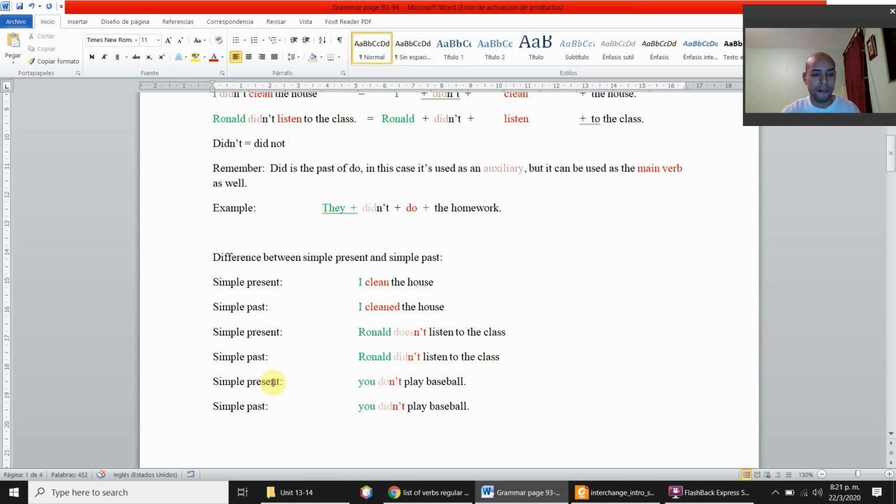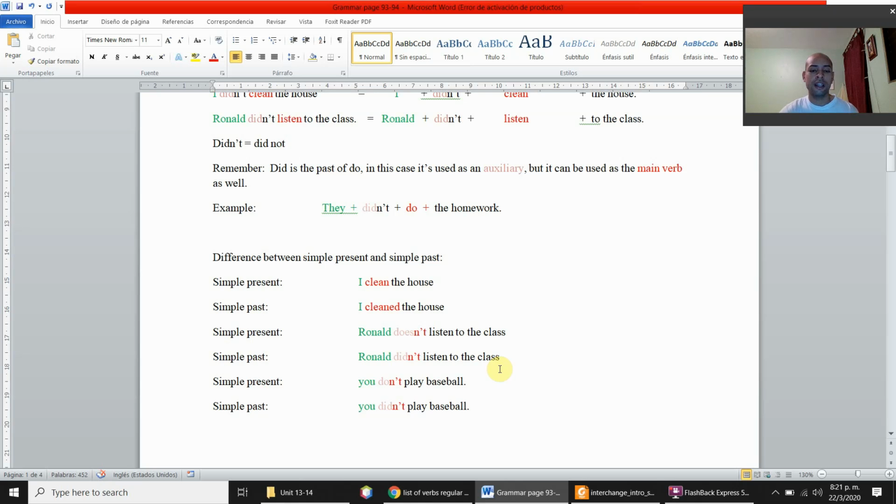Another example, the simple present form. You don't play baseball. This is the second person. And in the simple past example, you didn't play baseball.